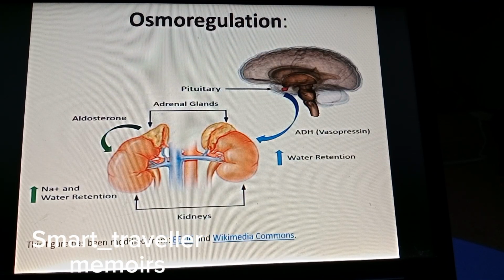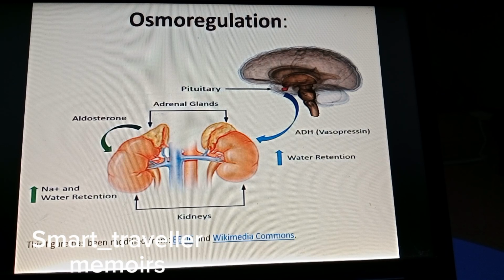Osmoregulation. This figure has been modified from EEOC and Wikimedia Commons. So here we have the brain and pituitary gland, which secretes the antidiuretic hormone to the kidney.